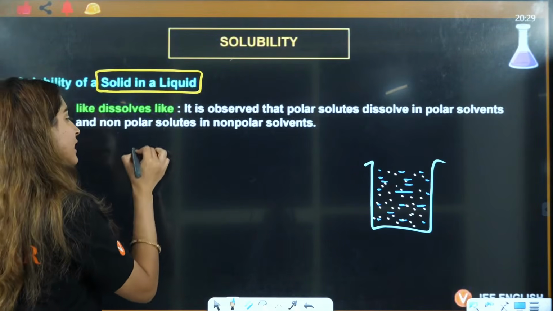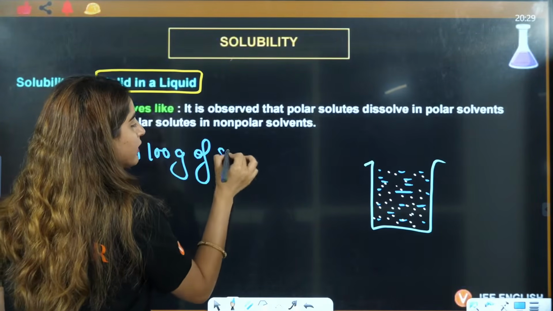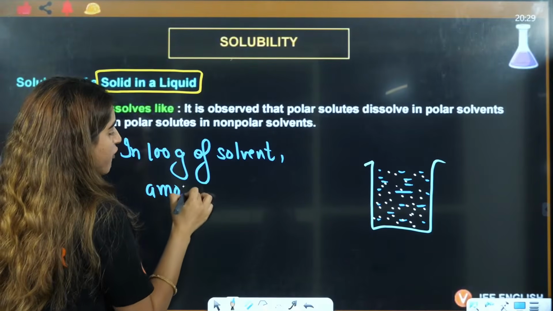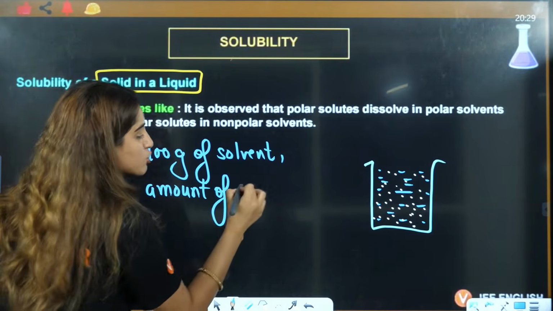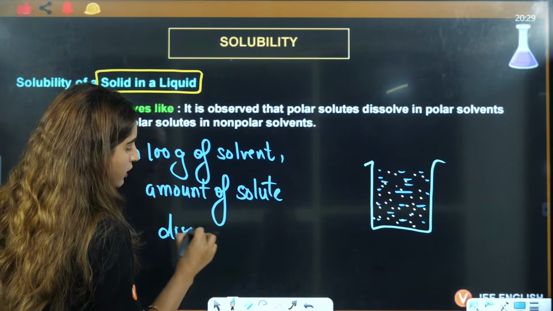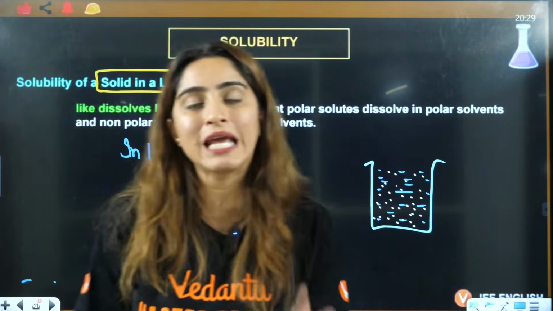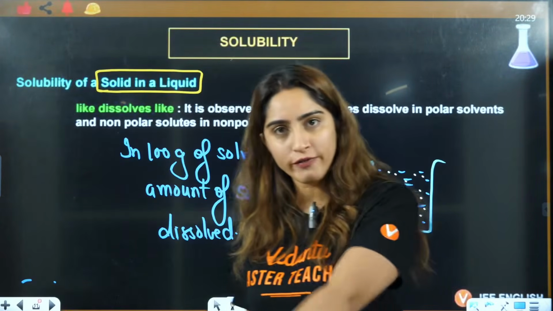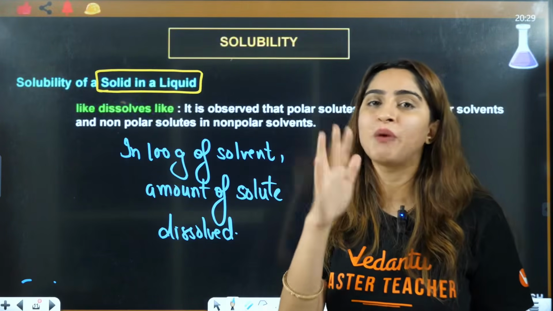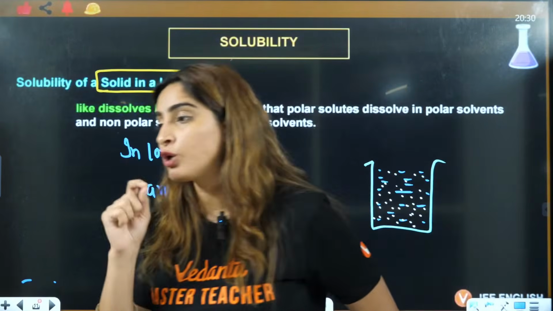So they fixed it that in 100 grams of solvent, the amount of solute dissolved is called solubility, right? You take 100 gram of that solvent, and you see how much amount of solute is being added in that 100 gram, that is going to define its solubility.